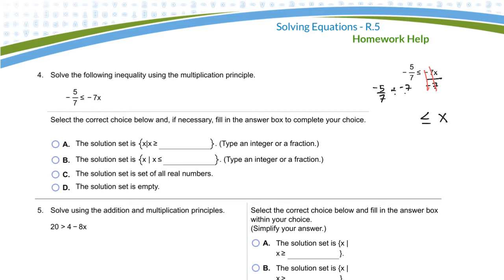Now here, if I'm dividing a fraction, I can multiply by the reciprocal. So I have negative 5/7 times 1 over negative 7. So I'll have x, and multiply the top, would be a negative 5. Multiply the bottom, would be a negative 49. The two negatives will cancel, so I would say x, and this sign, 5 over 49.